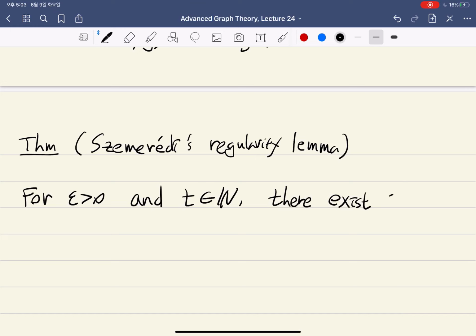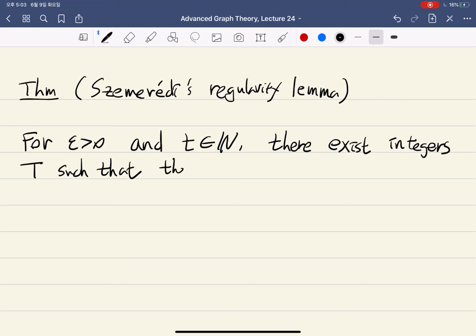So there is this integer, say n, such that the following holds.